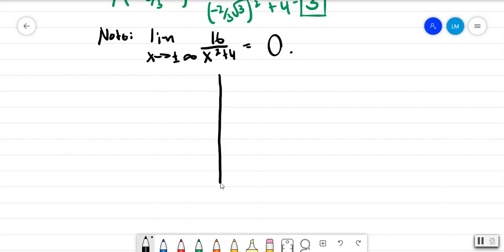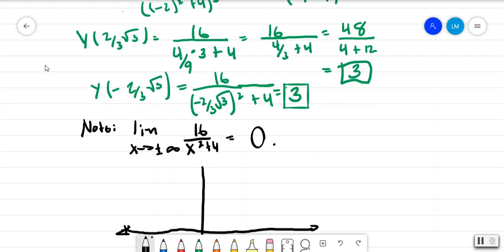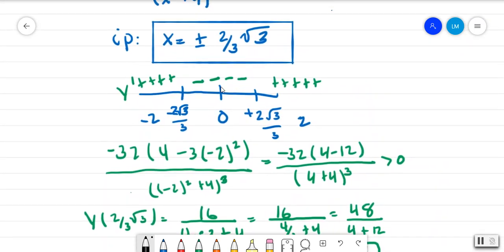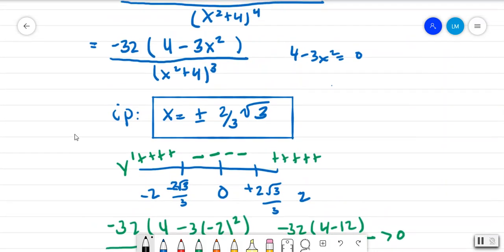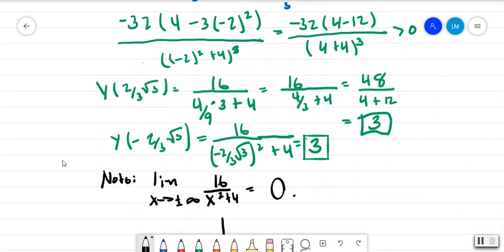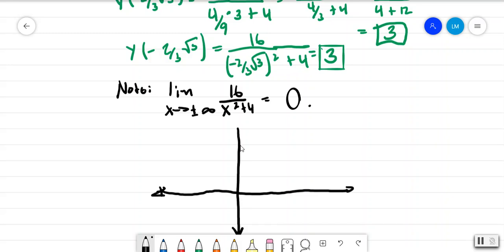So if we draw it, we can draw it just like we see it based on the information, because when we found that 0 was a maximum, that means the function increases to 4, but then it decreases.